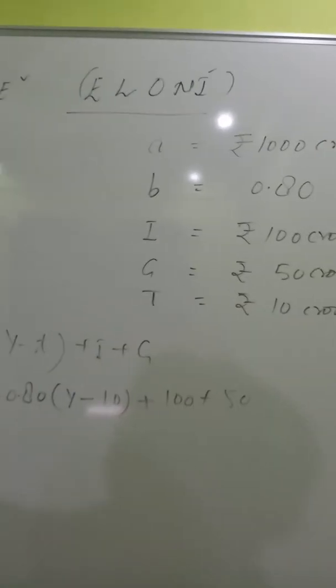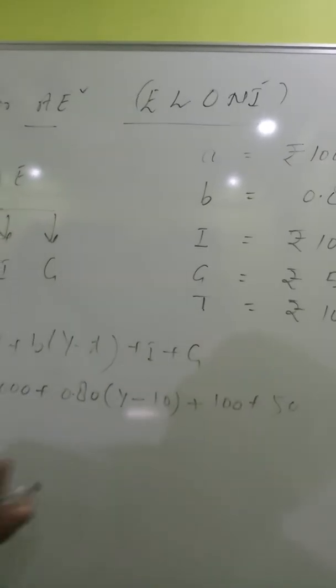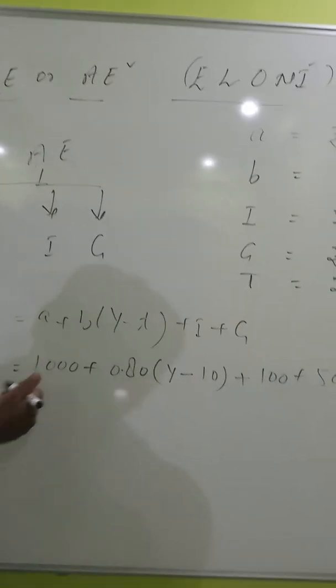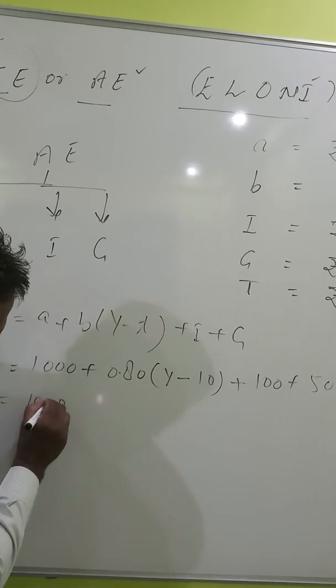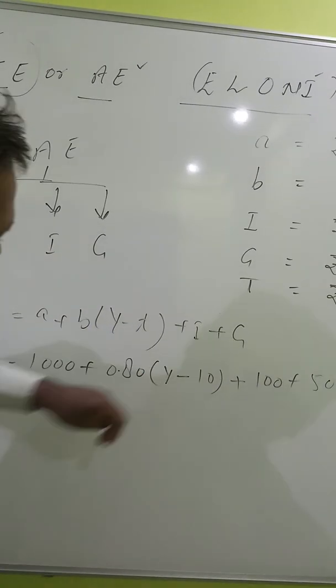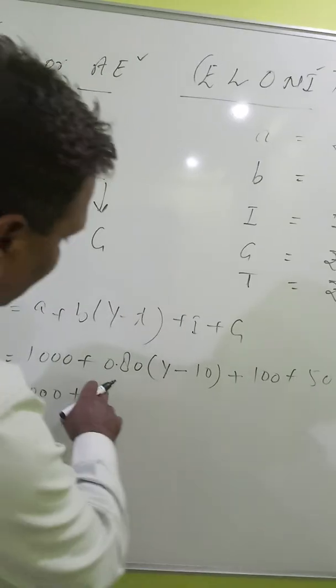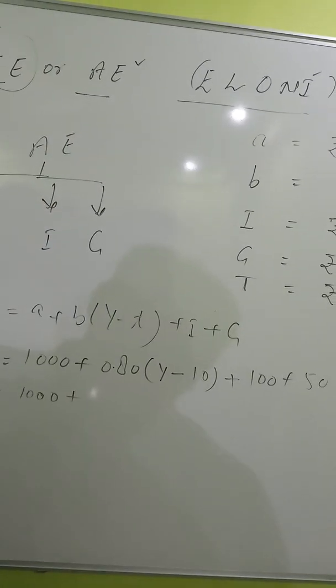Now, we have to calculate this equation. 1000 is given here, 1000 plus, now open this bracket by multiplying by 0.80.